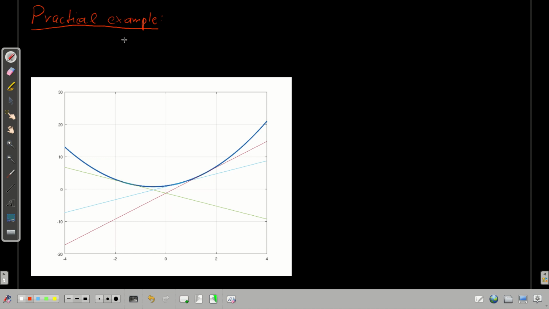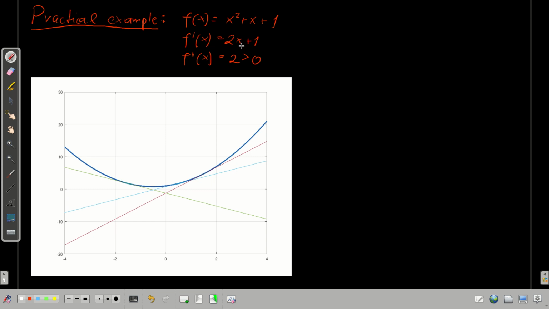Therefore, let the practical example be starting with the function f of x being x squared plus x plus 1, then f prime of x equals 2x plus 1, and f double prime of x equals 2, which is always greater than 0 for all x.